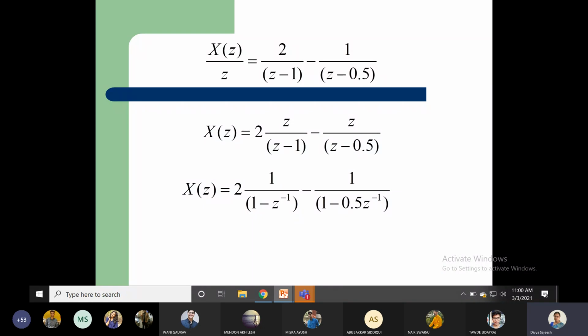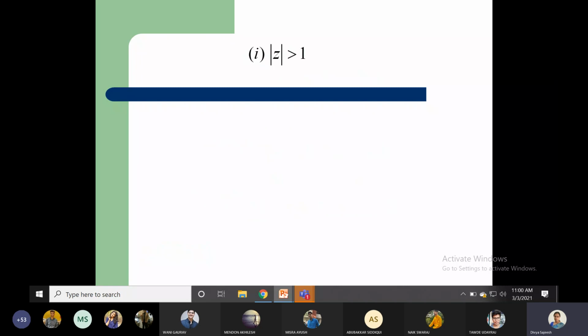So what I did here, I divided by Z on the numerator and the denominator of each term, so that I will get it of the form 1 upon 1 minus Z inverse for the first case, and for the other case 1 upon 1 minus 0.5 into Z inverse. So ROC for the first case is given that Z should be greater than 1.